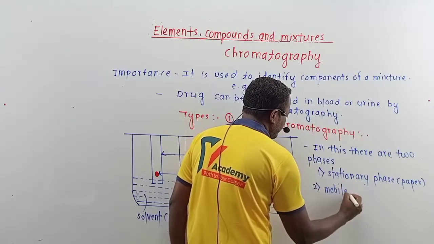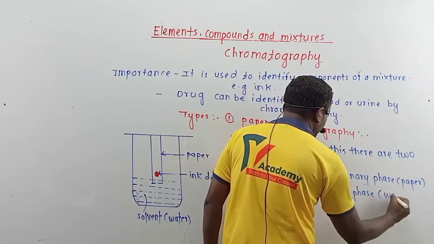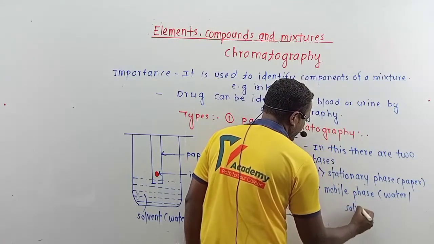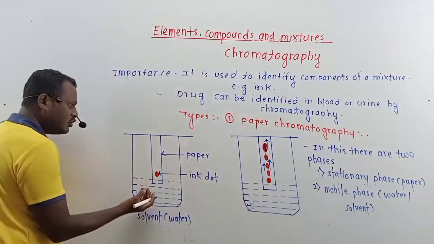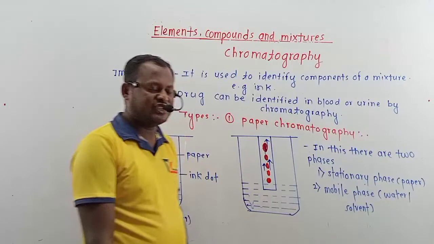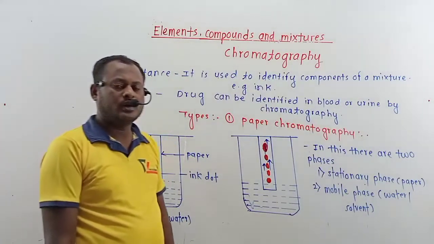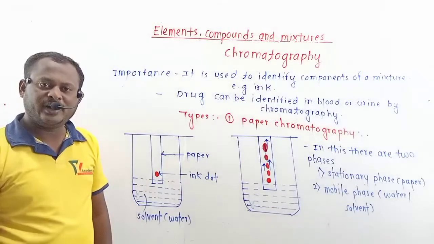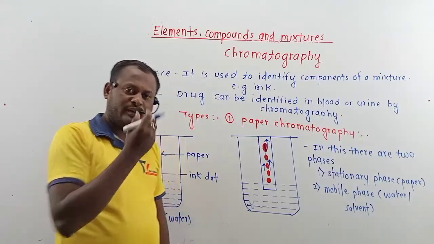Mobile phase, and that is the water or solvent. This water rises in the paper due to the capillary action, and the component in the ink which has the least molecular weight, that color will go to the upper side of the paper.